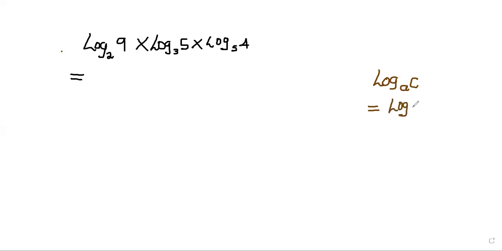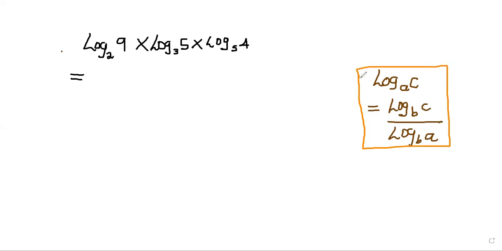Log B base C divided by log B base A. So this concept is the one that we normally call the change of base law of logarithms, right? We're going to use this law in order to simplify the following.